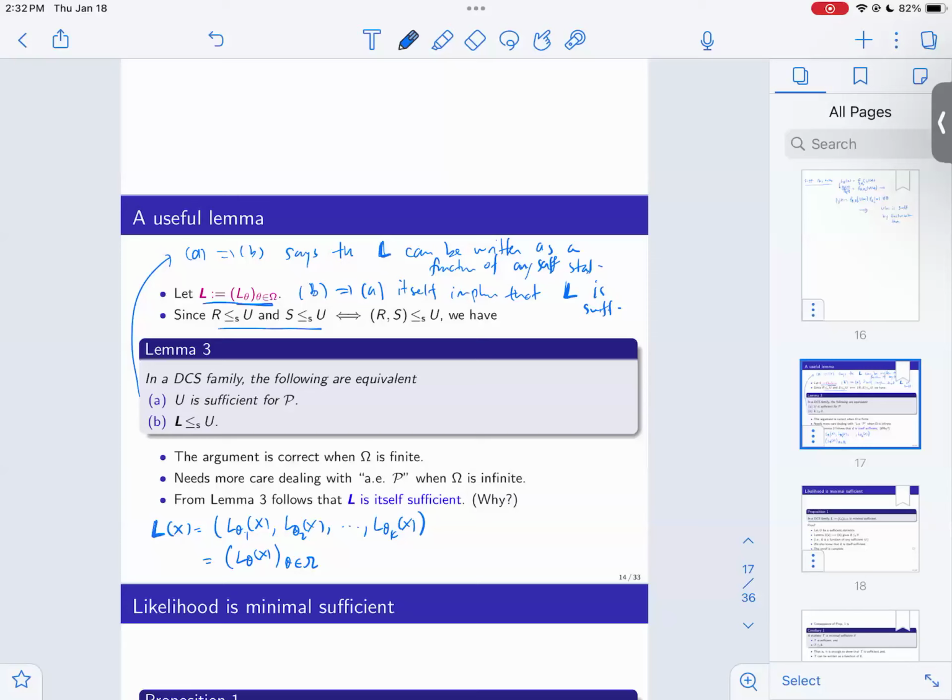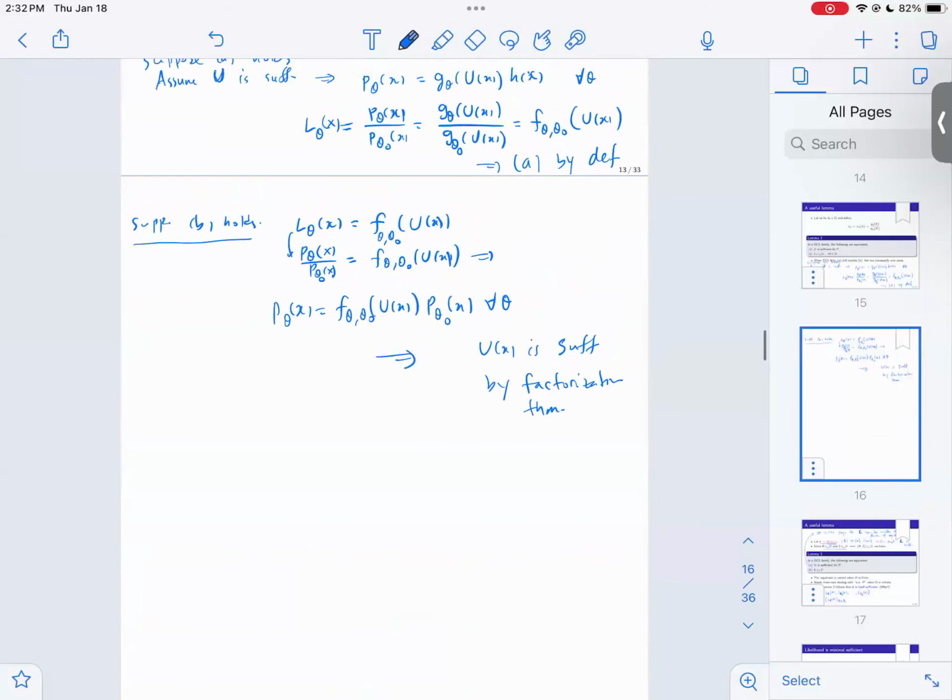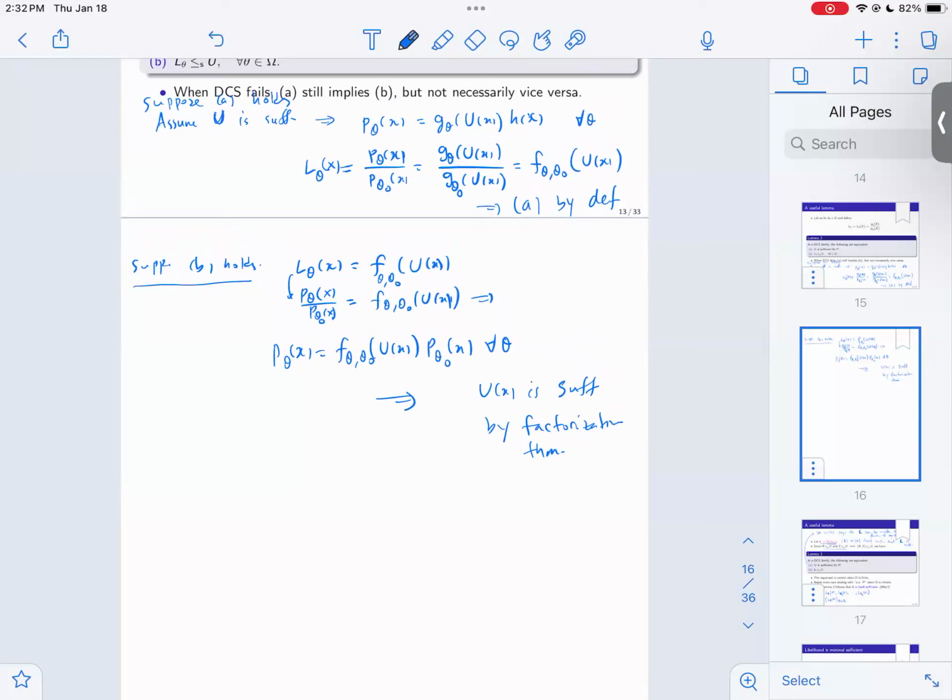So if you have a P theta naught whose support contains the union of all the other probability distributions, and then I write L as P theta 1 over P theta 0, P theta 2 over P theta 0, and so on, then it seems that this L is still a solution. That seems to be true.